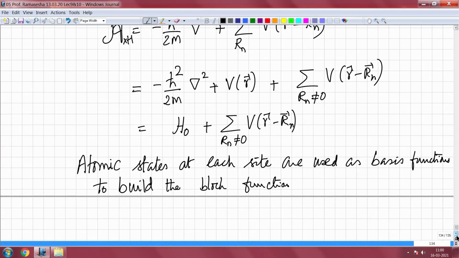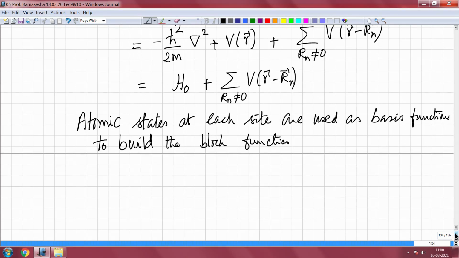For now, we will restrict ourselves to the case of only one orbital per site. Then we will generalize it to more orbitals per site using the tight binding calculation.